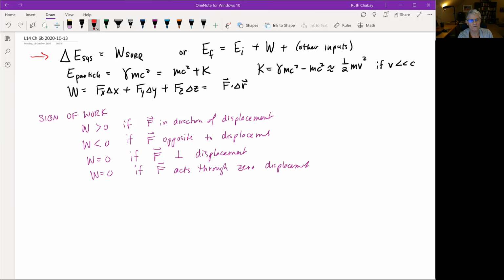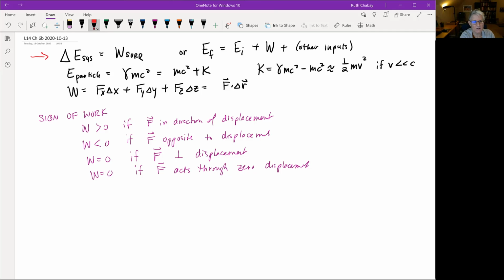And we got our first way of calculating inputs from the surroundings, which is mechanical work, a force applied through a distance. And that distance, that displacement, is the displacement of the point at which the force is applied. And it's going to turn out that that's important.